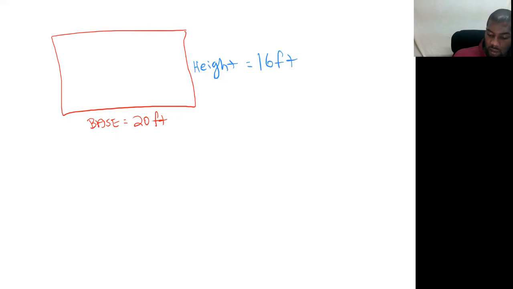What is the area of this rectangle? Well, it's a simple answer after all. We remember that area is either length times width, or in this case, base multiplied. Let me draw it another way for you. We could just simply do base times height, right?